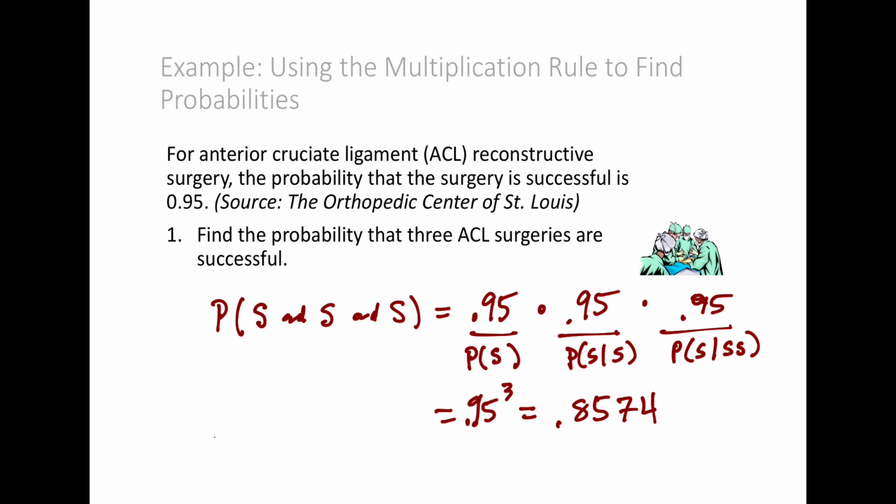So this is approximately 85.74%. So almost an 86% chance that we would have 3 successful outcomes in a row.